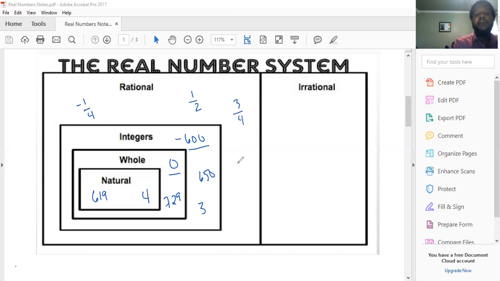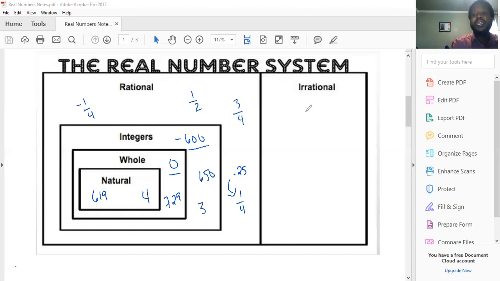Anything that can be written as a fraction is considered a rational number. So not all decimals are rational numbers, but I can say that 0.25 is an example of a rational number because I can write that as 1/4. So it can only include decimals that can also be written as fractions. Okay, so that's what rational numbers are.